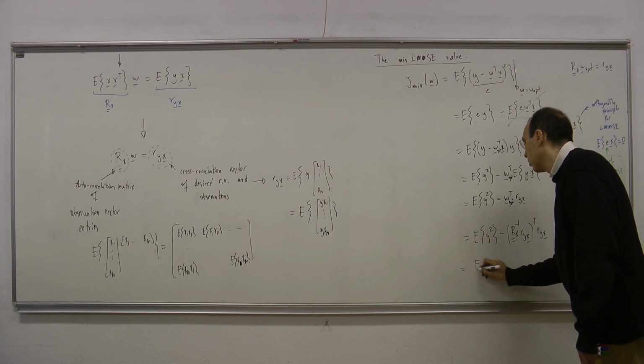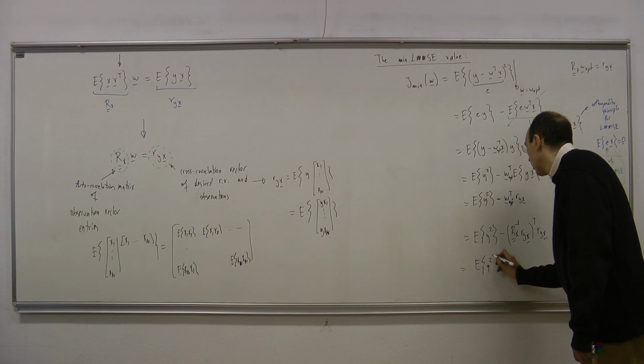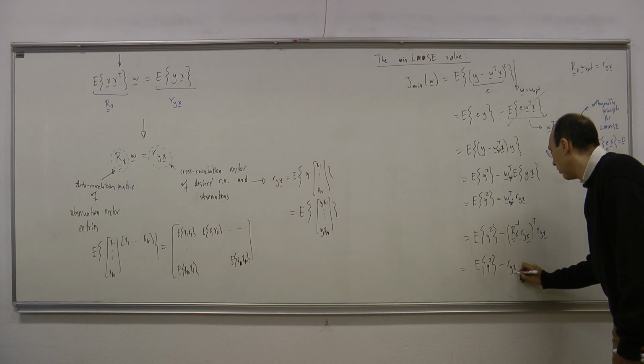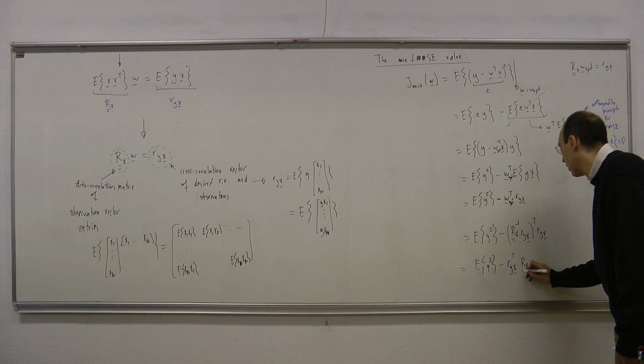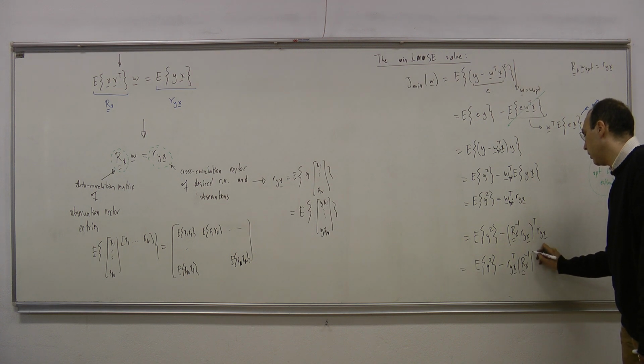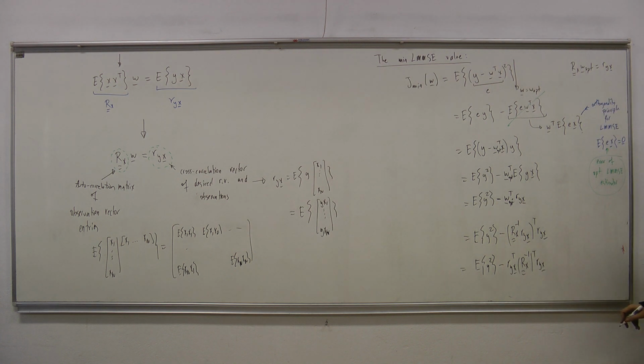So the expected value of y squared minus Ryx transpose Rx inverse transpose, let's keep this Ryx. Actually, since Rx is a symmetric matrix, its inverse is symmetric, so this transpose is not doing anything, so I don't need this transpose. But let's keep it, it doesn't do any harm.